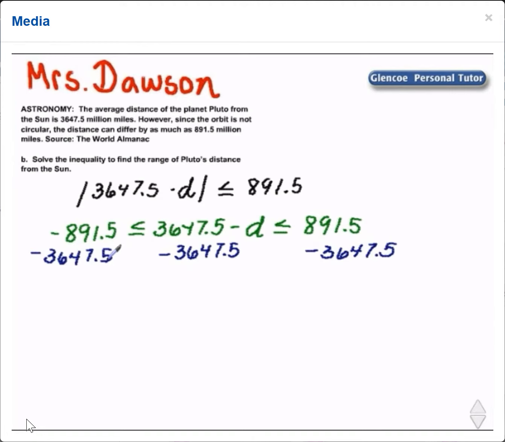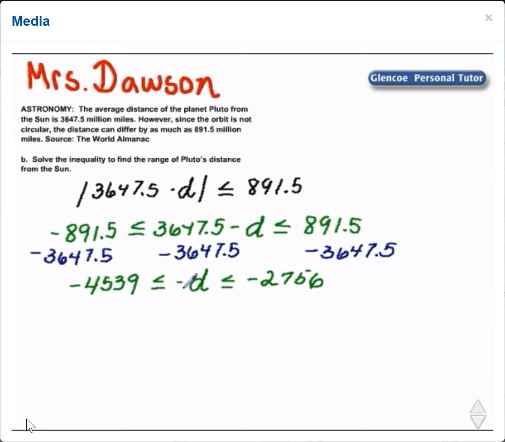Negative 891.5 minus 3,647.5 is negative 4,539, which will be less than or equal to the opposite of D, less than or equal to negative 2,756.